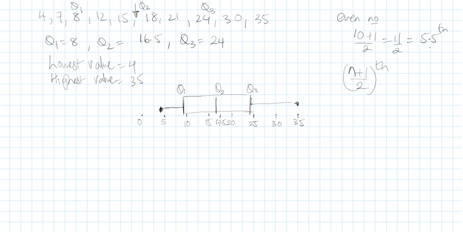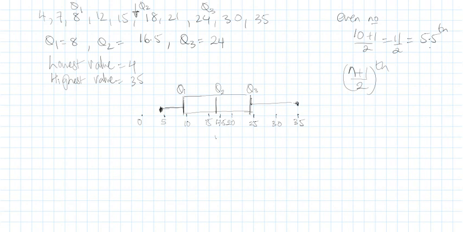Now, once we were able to draw the box and whisker plot, there are a couple of things they can ask us. One of the things they can ask us about is the shape of the diagram. You see from your notes that it mentions positively skewed box plot and negatively skewed box plot.